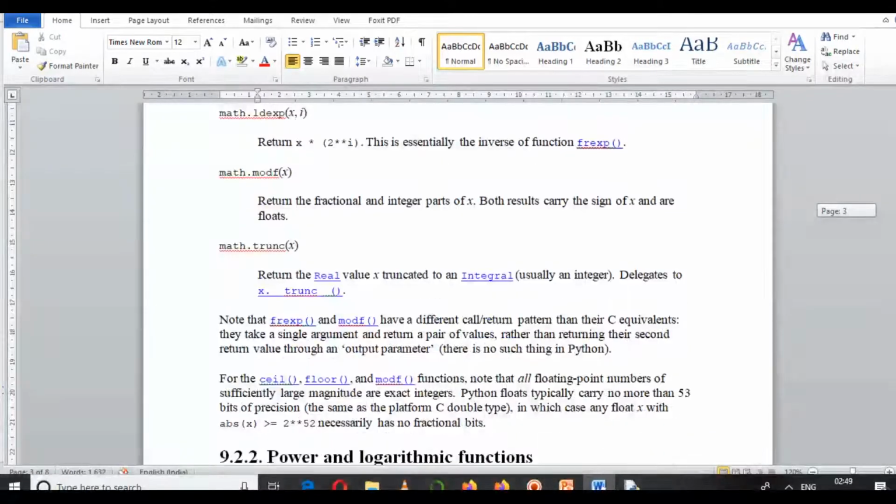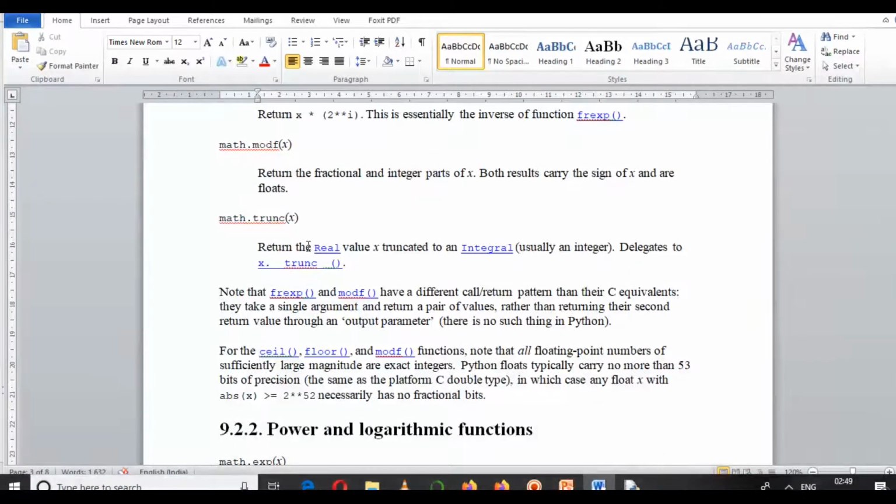Next, after modf we have trunc(x). It returns the real value x truncated to the integral, usually an integer, and delegates to x.__trunc__. So let me explain this. It basically gives you the integer value from a float value. So we can do one example here.